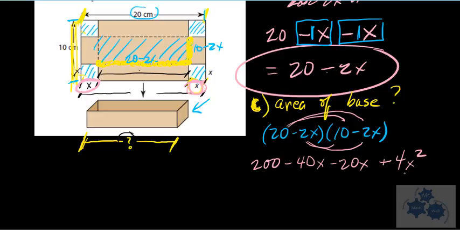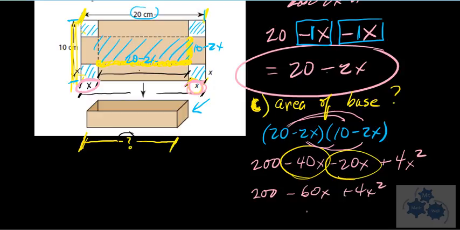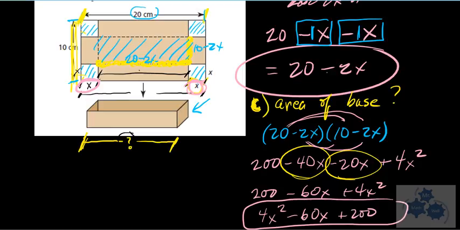Do I have any like terms I can gather here? Yeah. I have an x term and an x term. So if I gather those together, I have 200, and then minus what? 60x plus 4x squared. If you wanted to rewrite that in the descending order of the x, that's great. You can write it like this then. Okay, that's the expression for the area of the base.